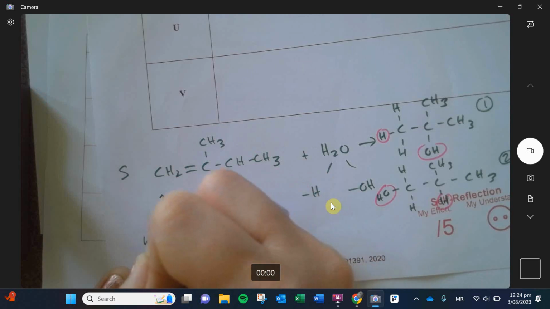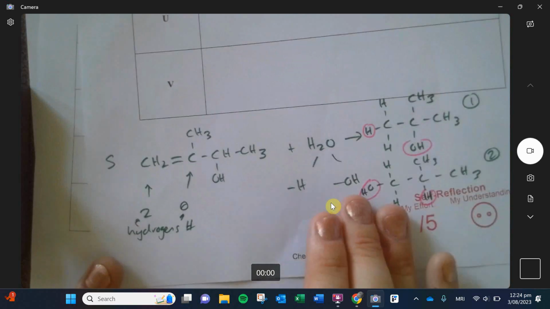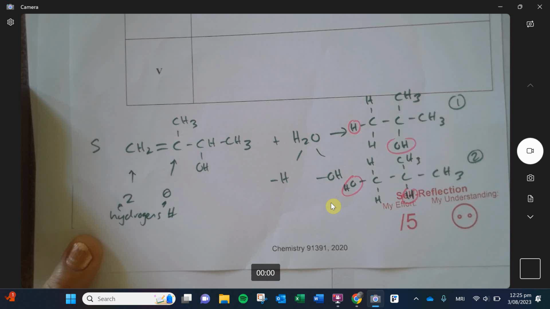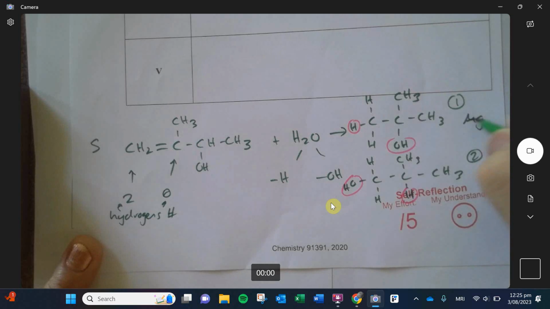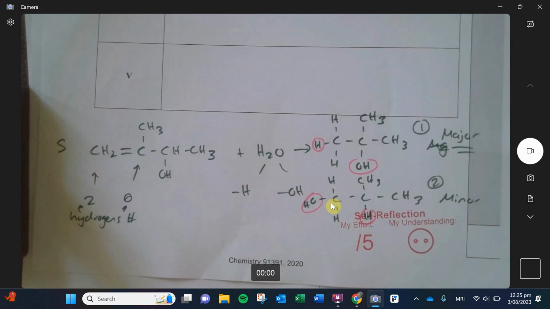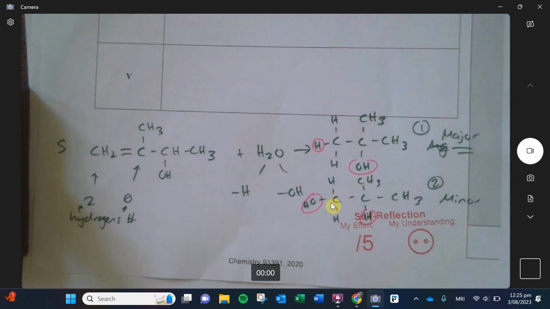Is what that's referring to. So 2 versus 0. Stating Markovnikov's rule, the one with the hydrogen is more likely to gain the next hydrogen. So this is my major product. This is my minor product. So I'm going to have more of the major product. So major product is V, and then minor product is U.